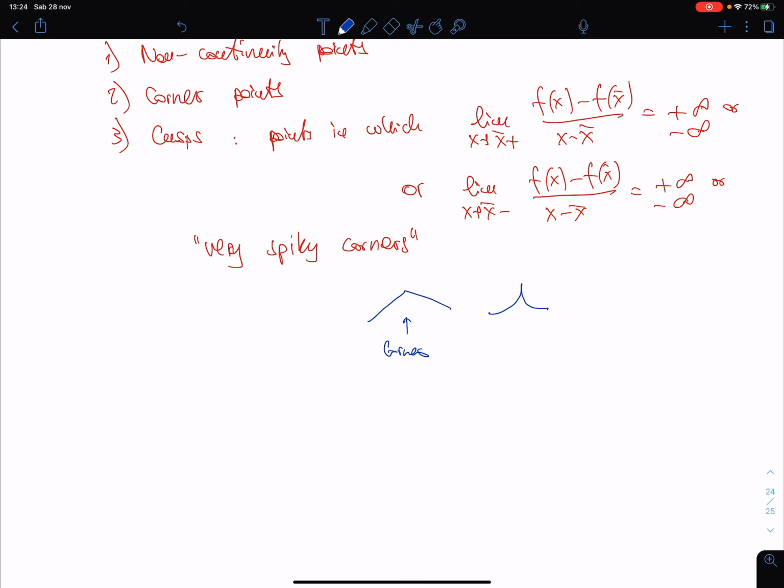So the tangent here tends to be vertical, this is the idea, at least from one side. So this is a cusp, vertical tangent.